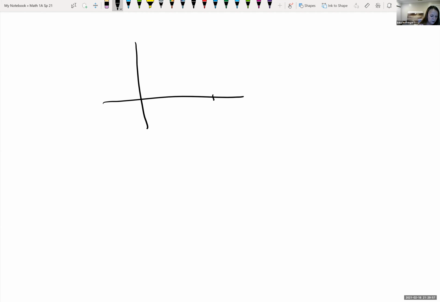Recall, we had a vertical asymptote at x equals a, and we looked at the limit as x approaches a on the left-hand side of a, that negative, what looks like an exponent, of f of x. We want to know, is that graph going up to positive infinity?